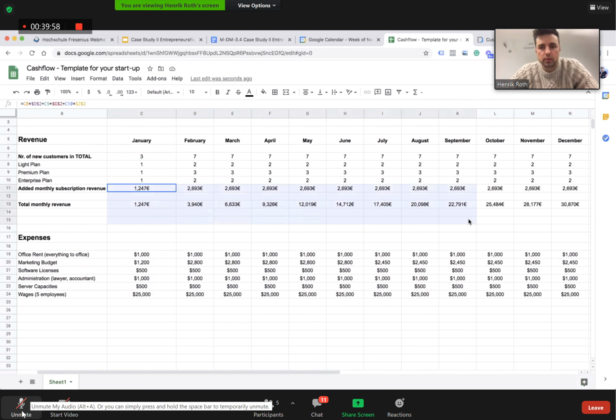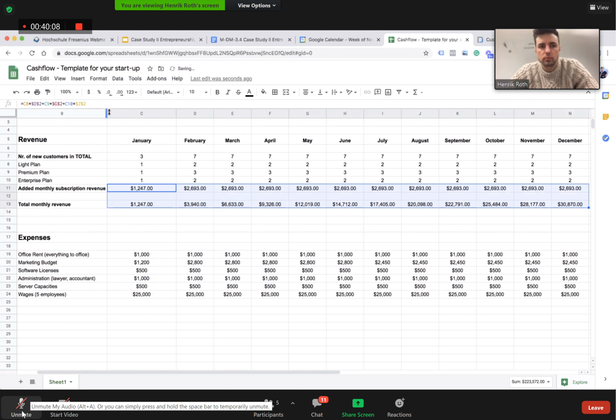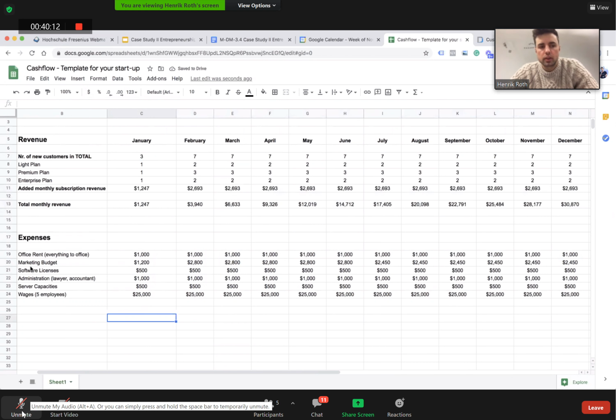Okay, here we need to change it into dollars. Okay, so these are now the costs. So here I will make a last line of total expenses.